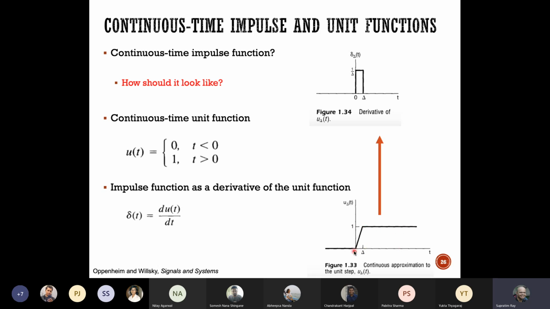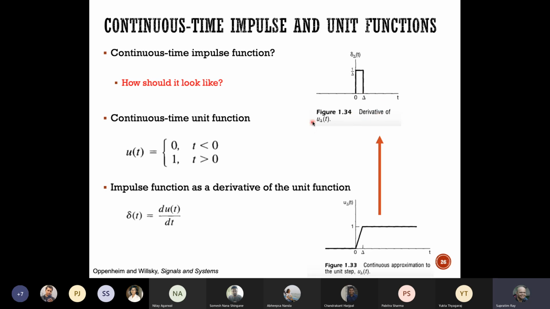Between 0 and delta, it has the value 1 over delta. That's how fast it's changing. So the derivative looks like this. And notice that the area under this curve is always 1. Okay, everybody happy with this?